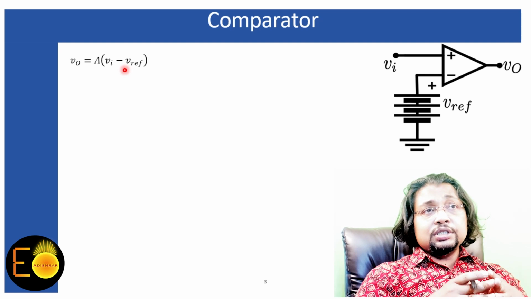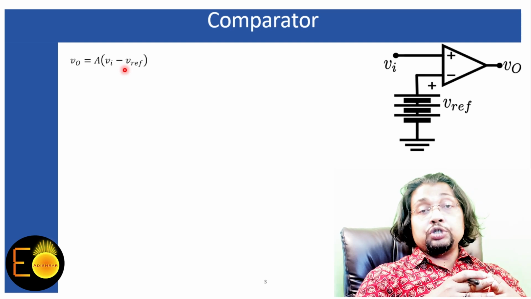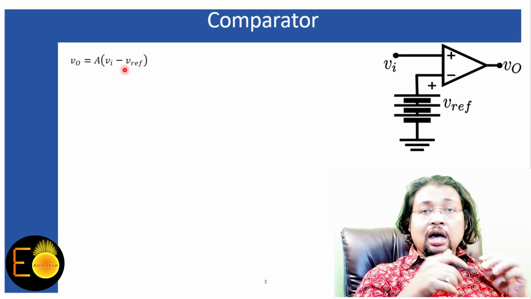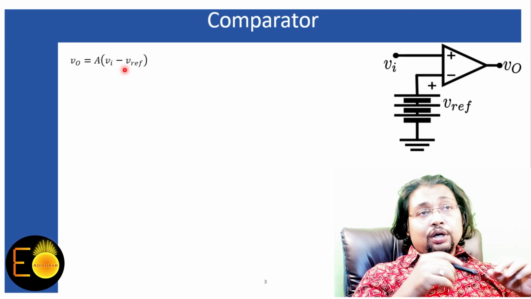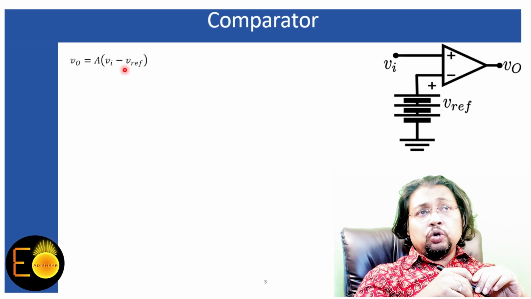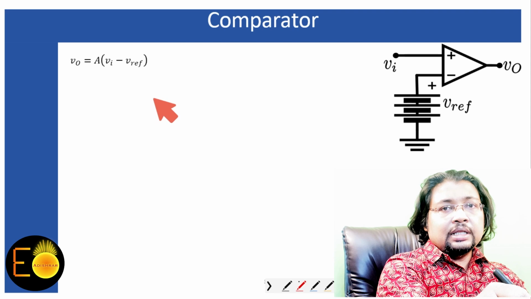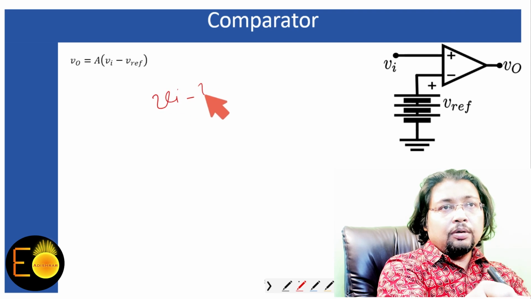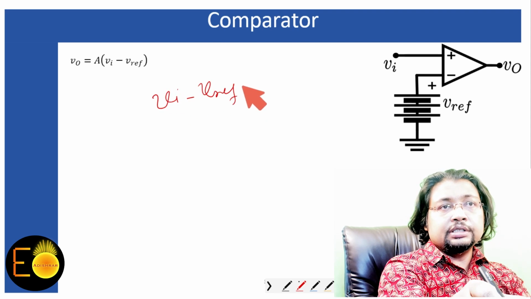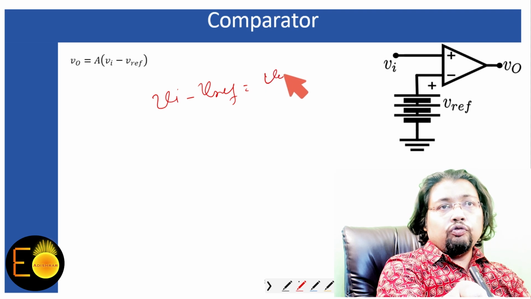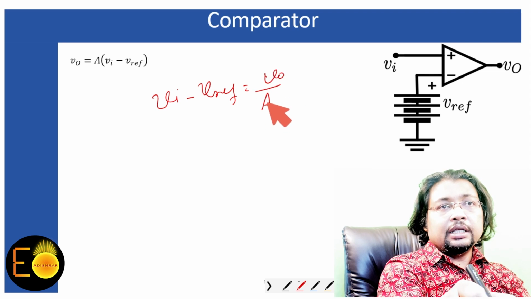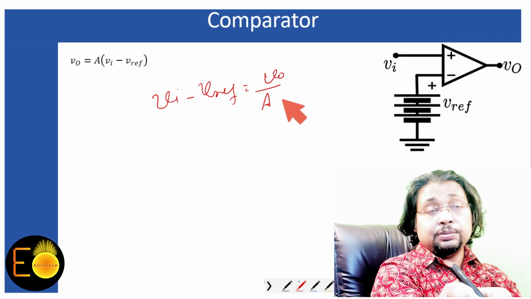Now, what are the consequences if this gain goes to infinity? The consequences are pretty impressive, because if this open loop gain goes to infinity, then how can I express this difference Vi minus Vref? We can express that Vi minus Vref is equal to V naught divided by this gain. It's a very simple expression.